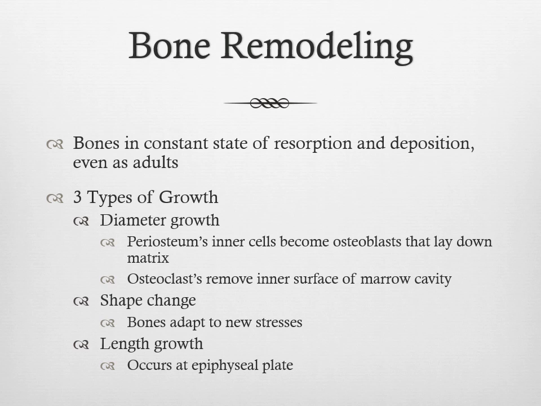All along, from the moment where we've begun that ossification process, we're always doing bone remodeling. We're taking some of that bone away, we're adding some bone in. We're taking some away, we add some of that bone in.